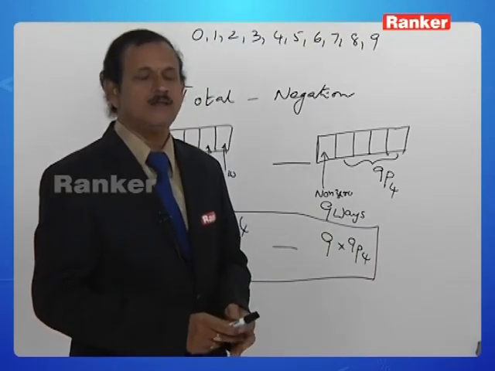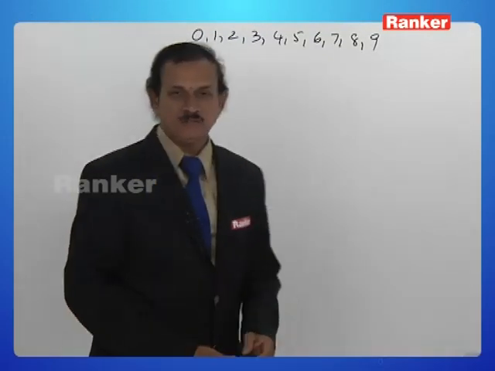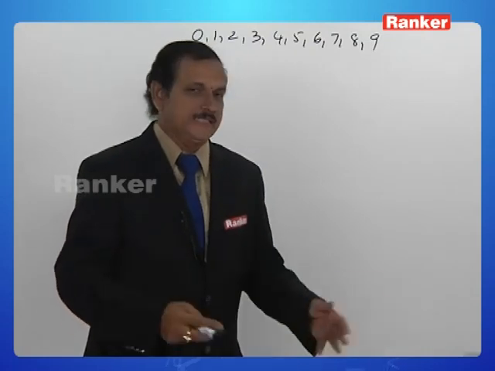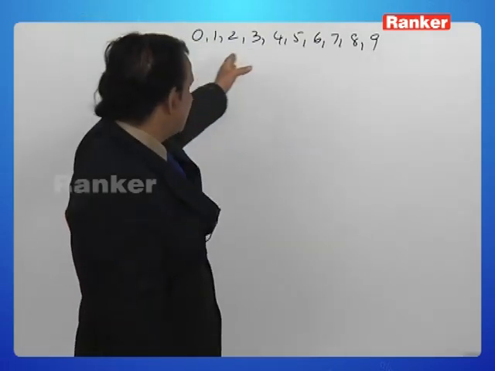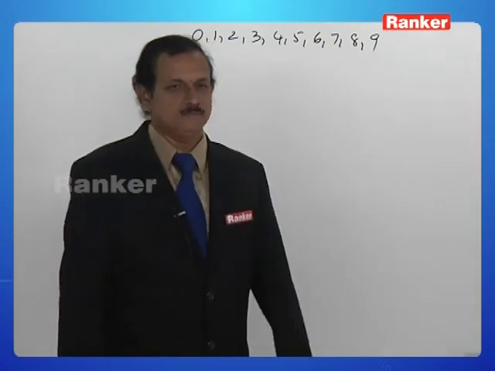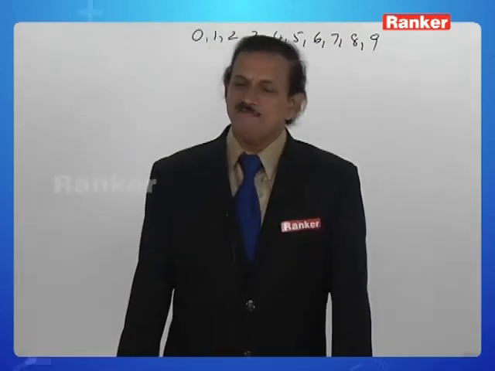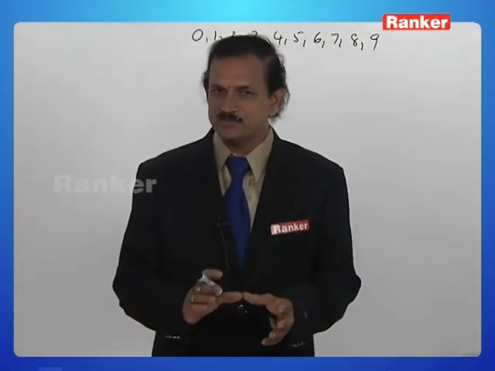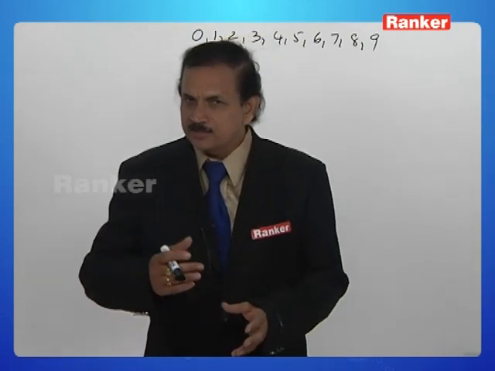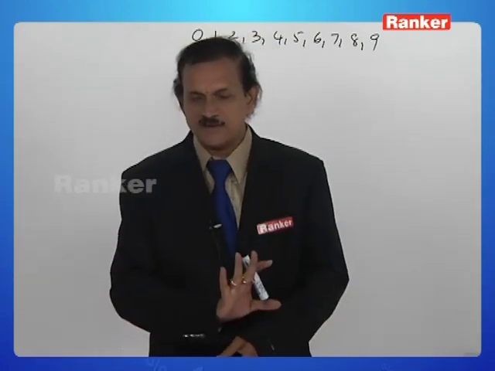First of all, let us see. What is the question? What are the digits given first of all? 0, 1, 2, 3, 4, 5, 6, 7, 8, 9. These are the digits, and we are supposed to form 5-digit telephone numbers, not 5-digit numbers.